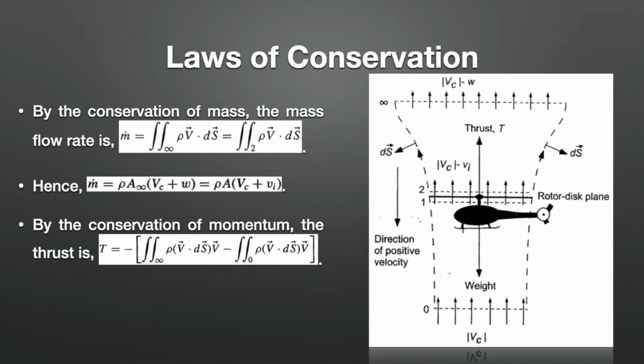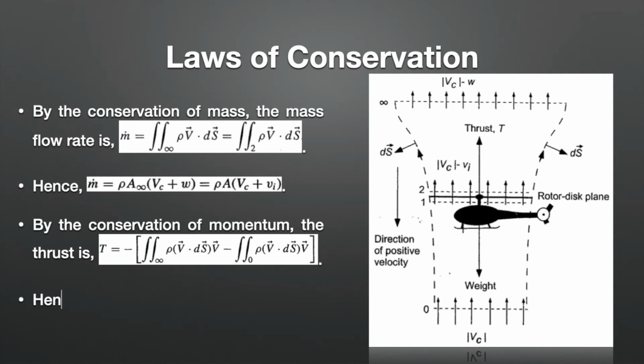This negative sign is because the flow direction is now reversed compared to the axial climb. In a steady descent, the velocity far upstream of the rotor must be finite so that both terms on the right hand side of this equation are non-zero.